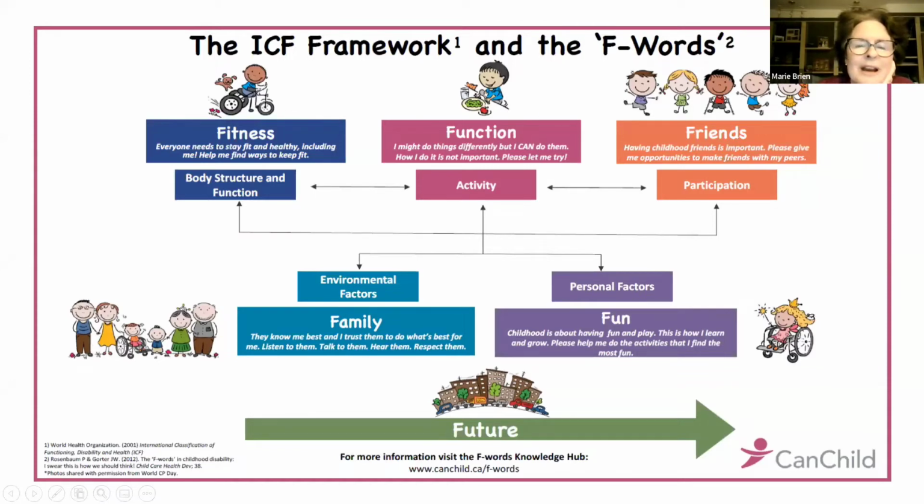And this is where we also seek to find the goals with the families. Once we do our assessments and look at families' priorities for their child, we are able to find goals in each of these domains to have a holistic intervention plan with the family.